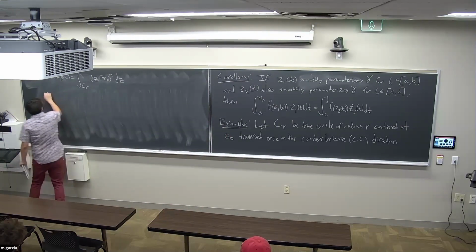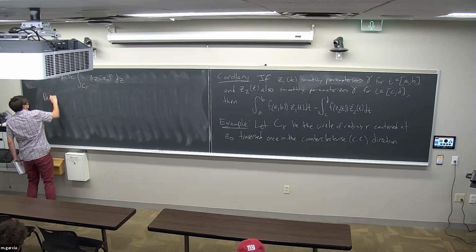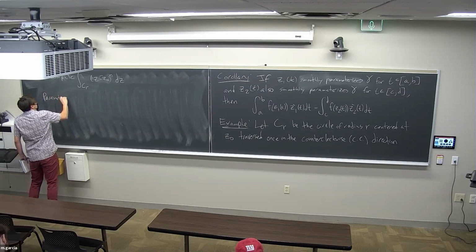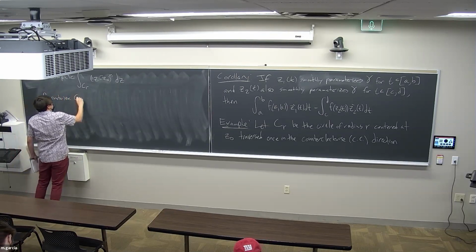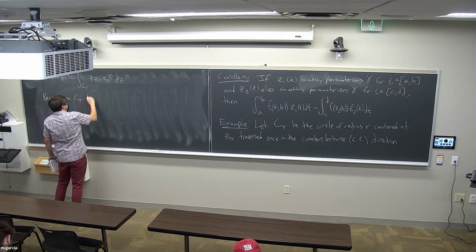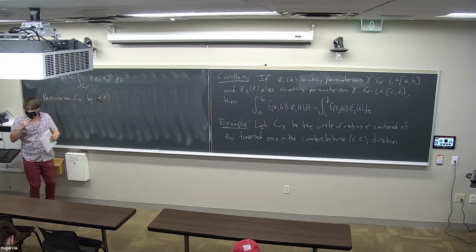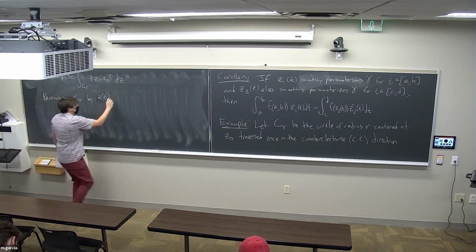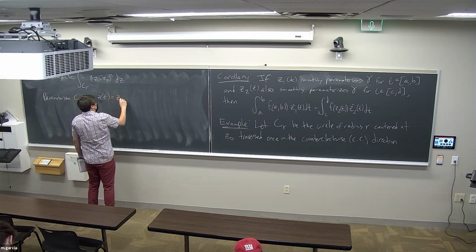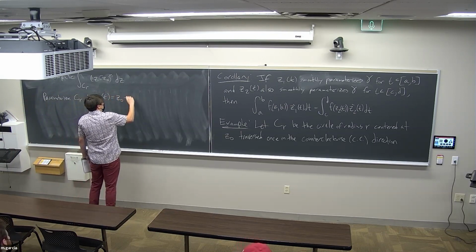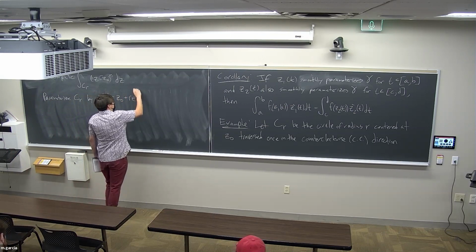So let's write down what we're saying. Parameterize C sub r by z of t is, so we can write z naught plus r times e to the it, with t going from 0 to 2 pi. Yeah, great.